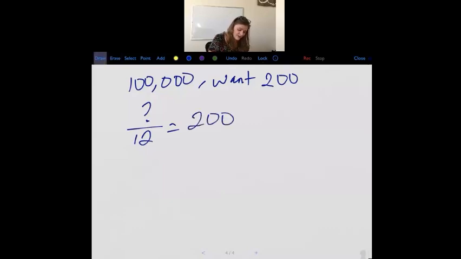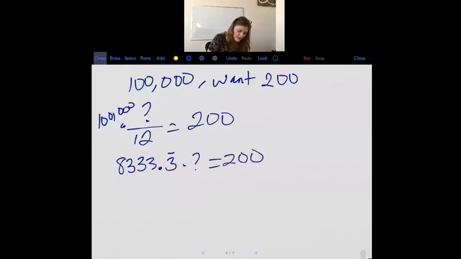Okay, so what you would do in this case, and we still have the 100,000 in there. Okay, so depends on how you want to do this. I'd probably divide 100,000 by 12 to get 8,333.3 repeating times question mark equal to 200, and then divide both sides by 8,333.3.